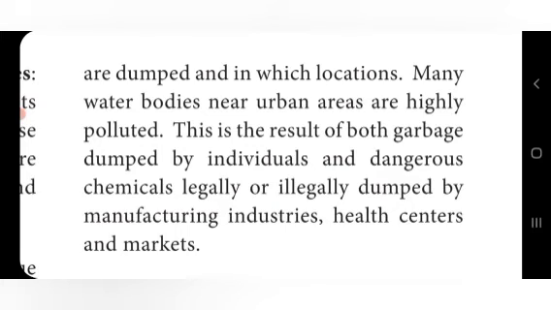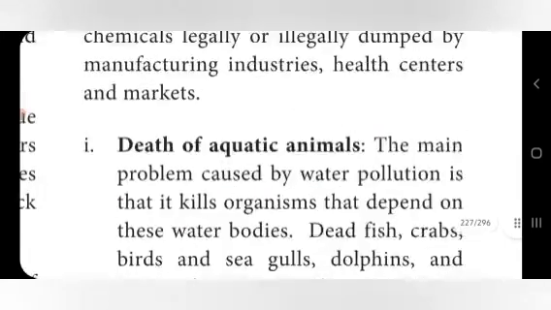This is the result of both garbage dumped by individuals and dangerous chemicals legally or illegally dumped by manufacturing industries, health centers, and markets. They are illegally or individually dumping into the water bodies nearby.